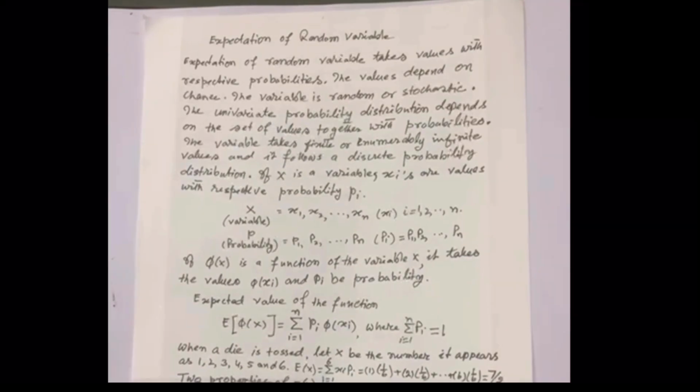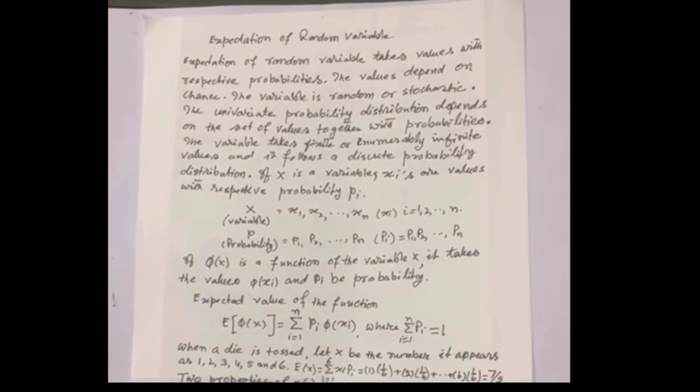Of course, let us discuss another aspect of random variable, that is expectation of random variable. So a random variable takes values with respective probabilities. Generally probabilities are important or needed for the study of expectation of a random variable.